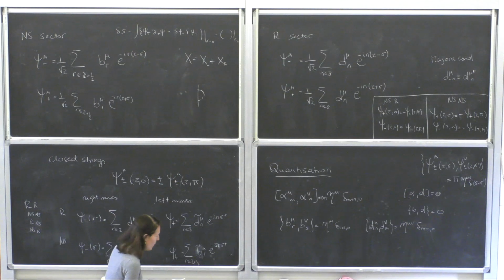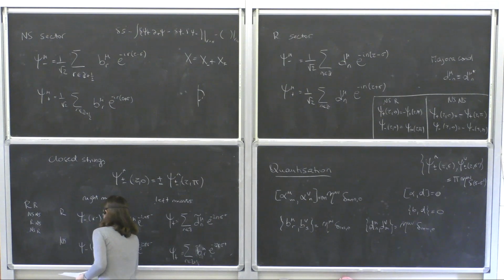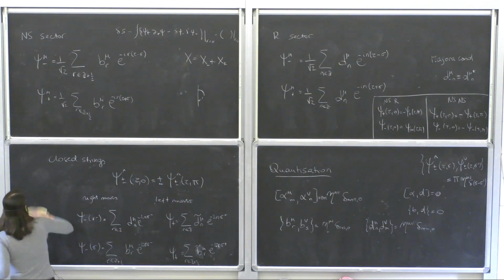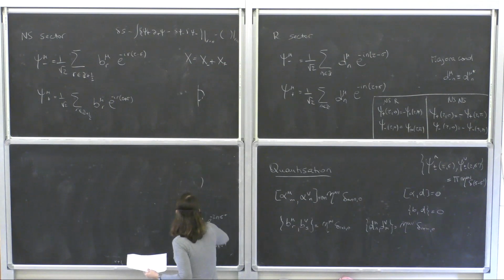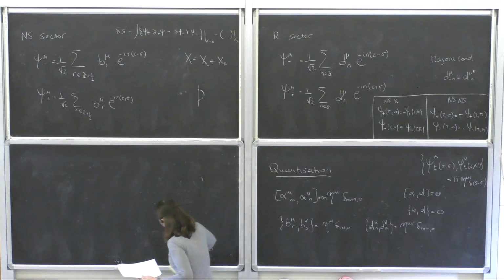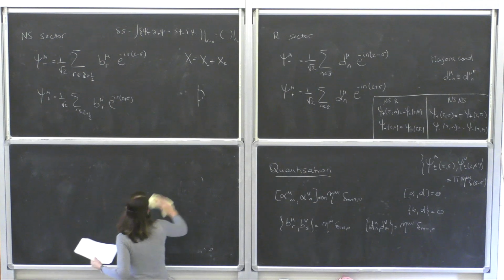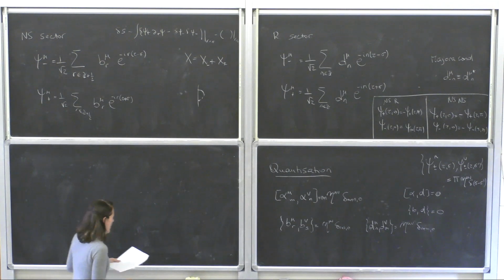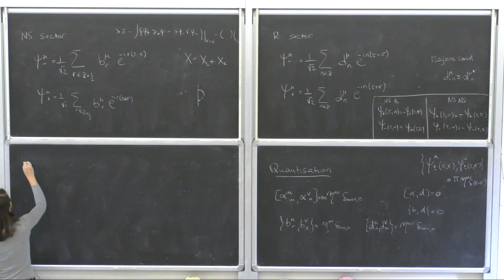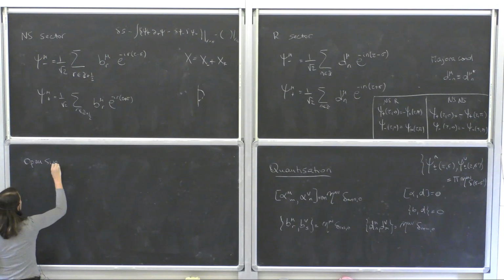Okay, so how do we construct a spectrum? It's like in the bosonic string. We start from a ground state and we act with creation operators. Let's start with the open superstring.